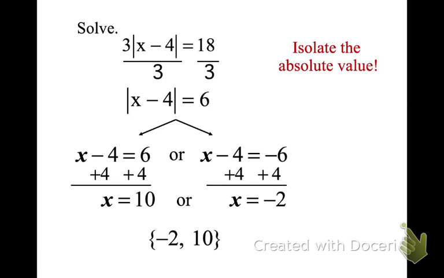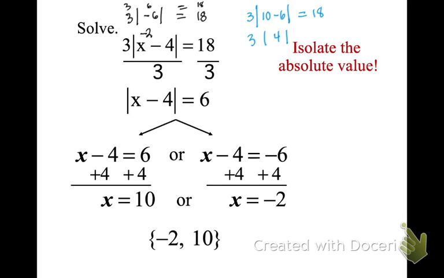So I can try that up here. Negative 2. So 3 times the absolute value of negative 2, that ends up being negative 6 equals 18, and 3 times 6 equals 18. So that works. Okay, I can try now the other way, which would be 3 absolute value of 10 minus 6 equals 18.